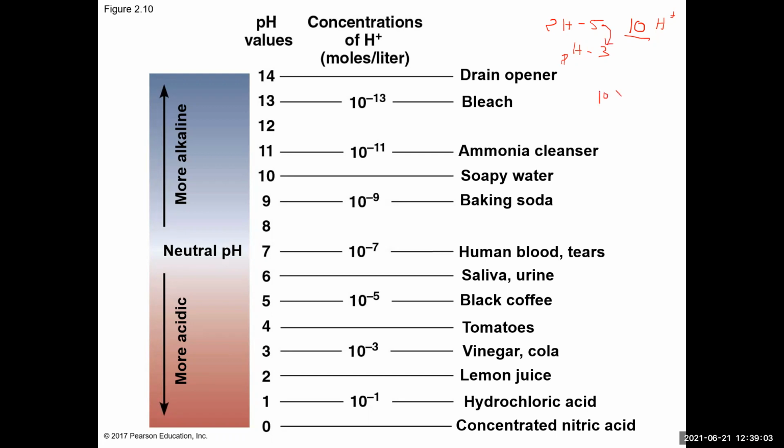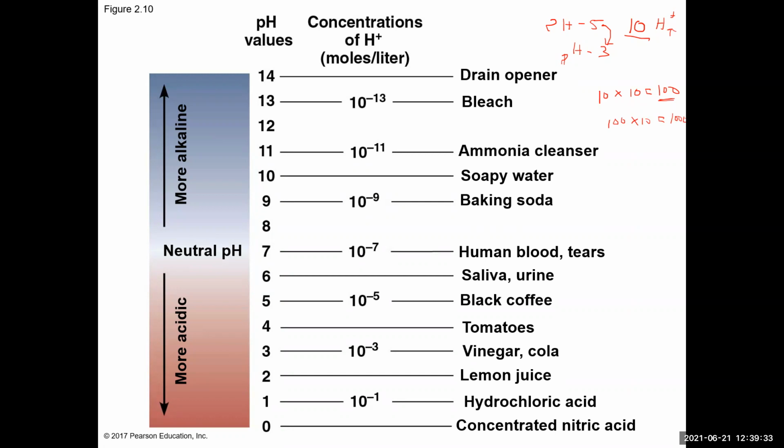So we're saying 10 times 10 is 100. So we're changing the ion concentration 100 times, okay? And we're decreasing in pH, so that means that hydrogen concentration is going up. So basically, 100 times 10, we would be at a concentration of 1,000.